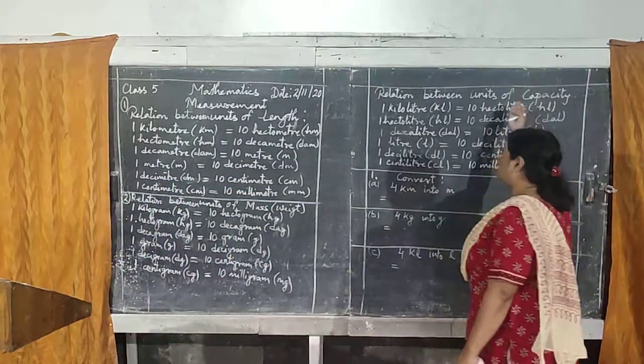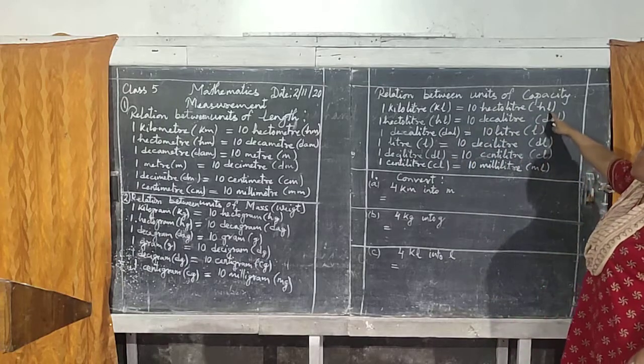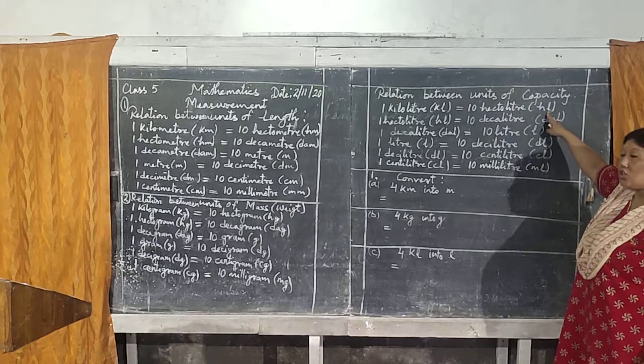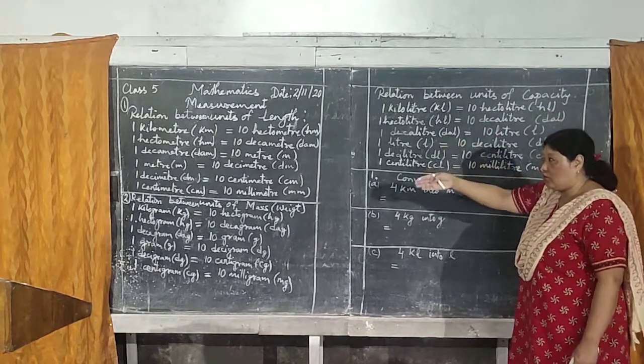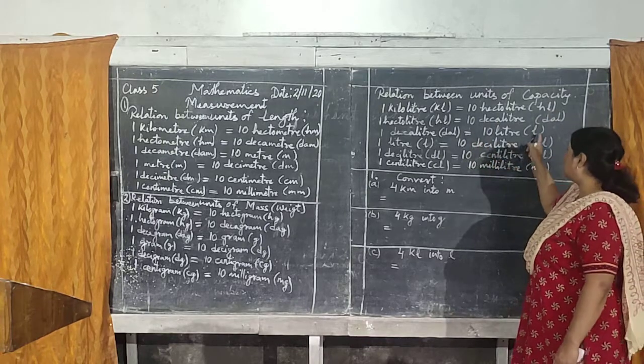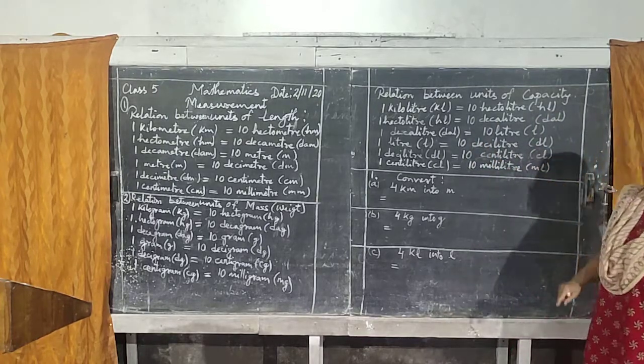And in capacity also only this will change. It won't be meter or gram, it will be liter. So simple, same as those. Kiloliter, hectoliter, decaliter, liter, deciliter, centiliter, milliliter.